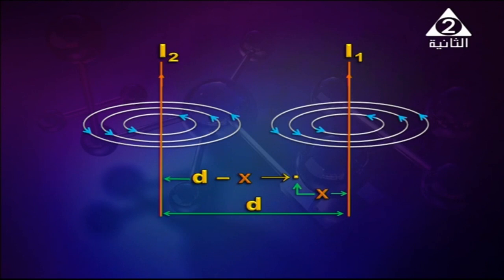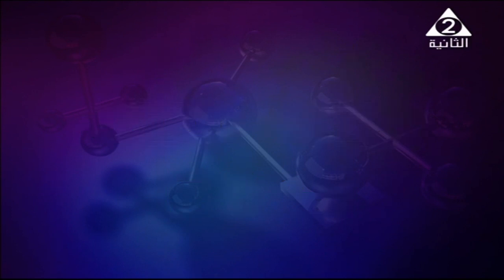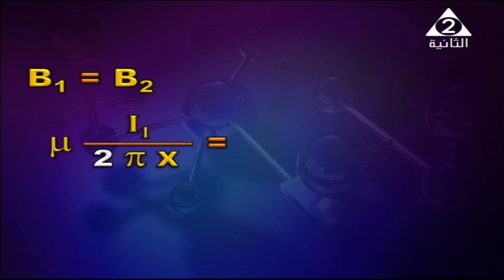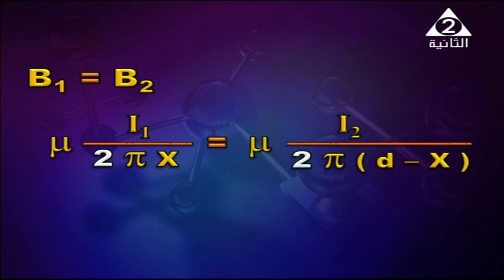It means B1 is equal and opposite to B2. B1 equals B2, so mu I1 over 2 pi x equals mu I2 over 2 pi times (d minus x). Mu will be crossed out. Also 2 pi will be crossed out.